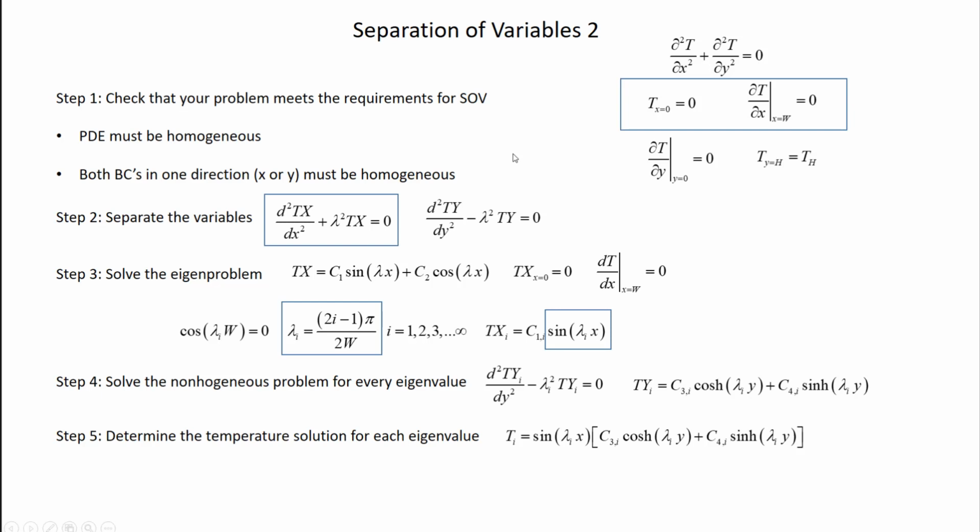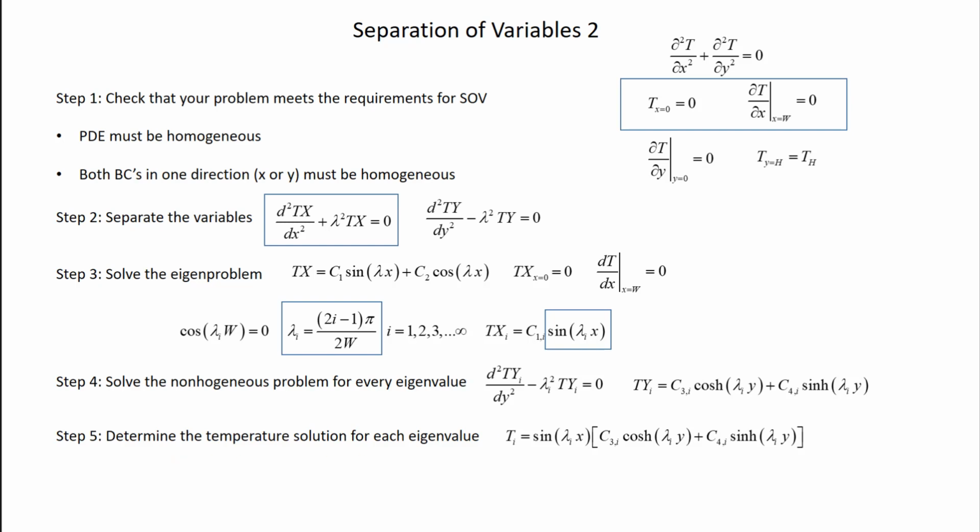I'm just going to summarize them since we went through them in some detail last time. The first thing you have to do is check that your problem can be solved using separation of variables. Next time we'll talk about what you can do to fix your problem if it can't be, but this one could be.